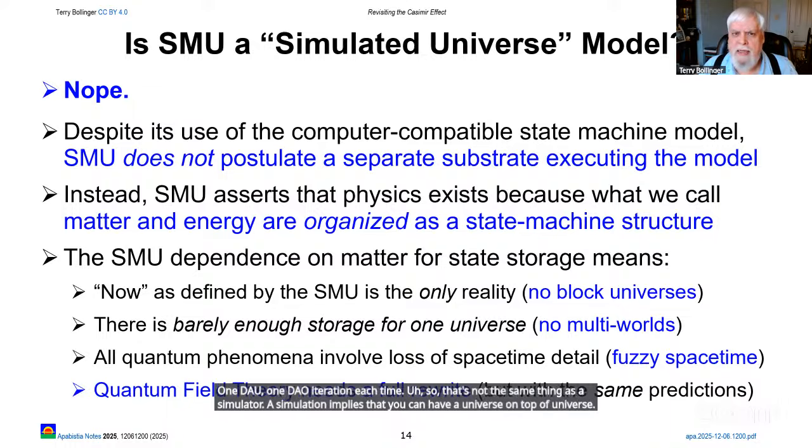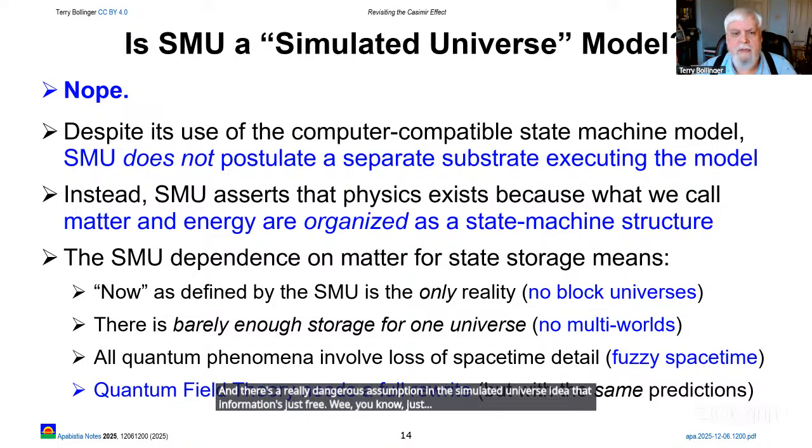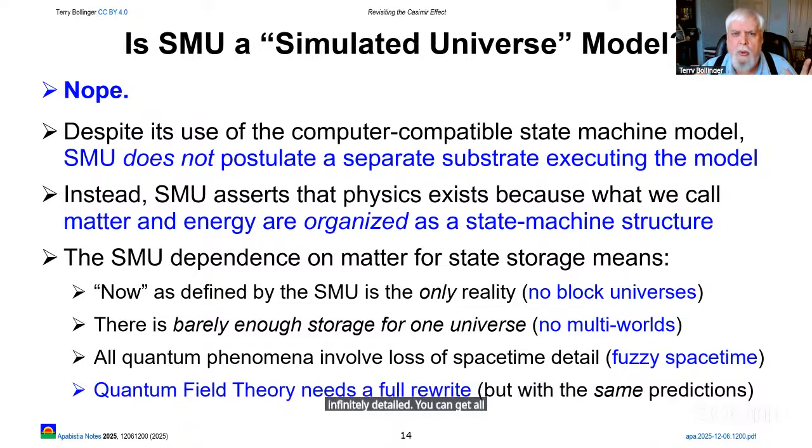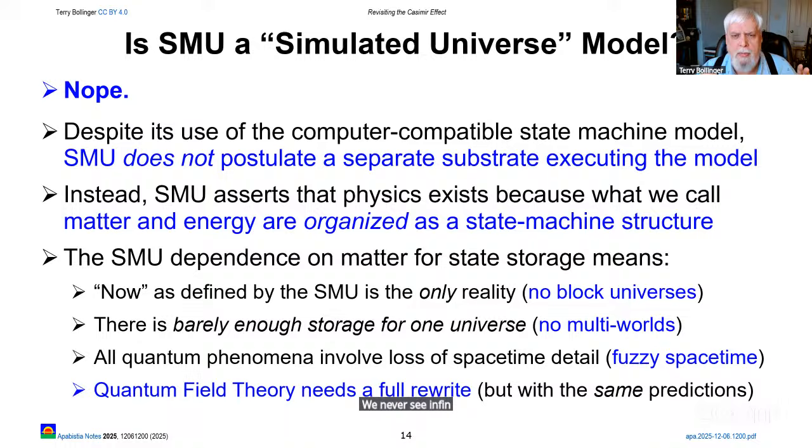And there's a really dangerous assumption in the simulated universe idea that information is just free. Just any information you want, because space-time is infinite, infinitely detailed. You can get all these silly ideas that don't correspond to anything experimentally, because we never see that. We never see infinite information experimentally.